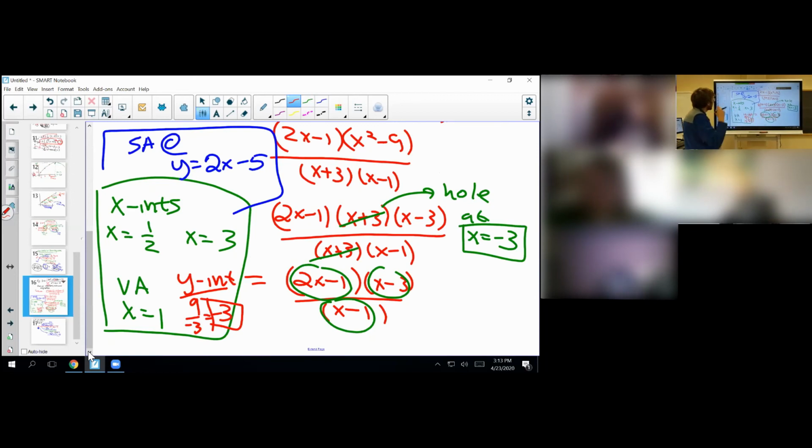So the y-intercept is negative 3. That's all the information I'm going to be looking for. We didn't get to actually graphing it, but this is the information we'll need to graph it. So I think this is a good place to stop. I'm going to stop the video.